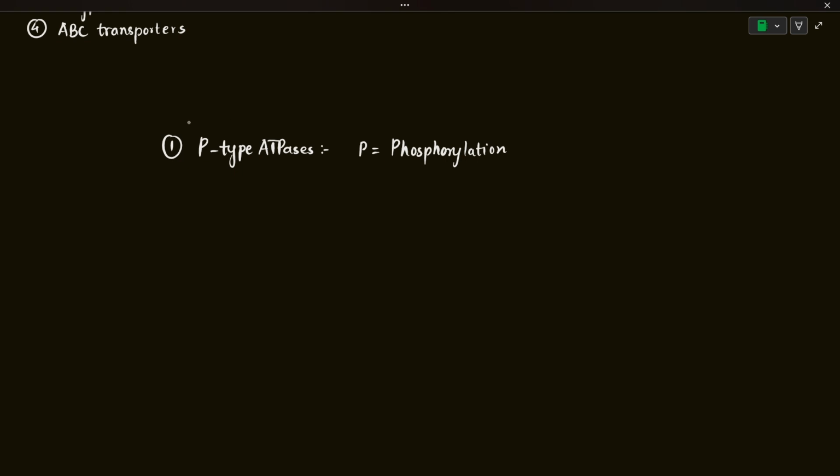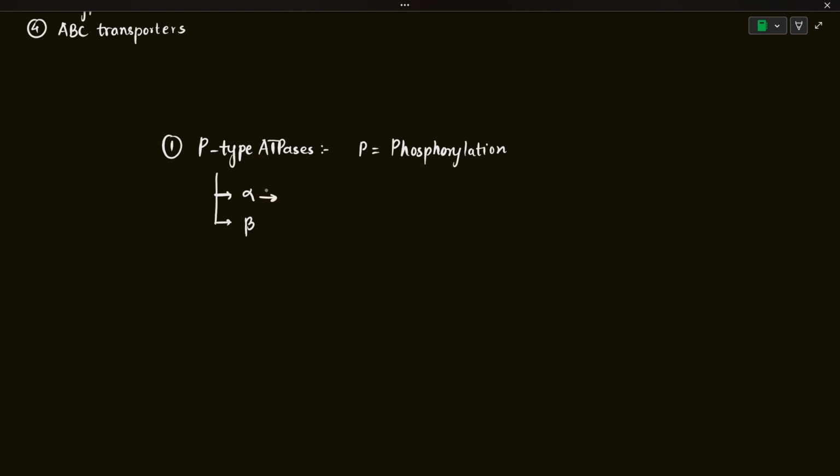So whenever there is a transport cycle, whenever a solute binds to these ATPases, during this transport cycle the formation of a phosphorylated intermediate is observed, and due to this formation of a phosphorylated intermediate, those ATPases are referred to as P-type ATPases. Those P-type ATPases have two subunits, alpha subunit and beta subunit.